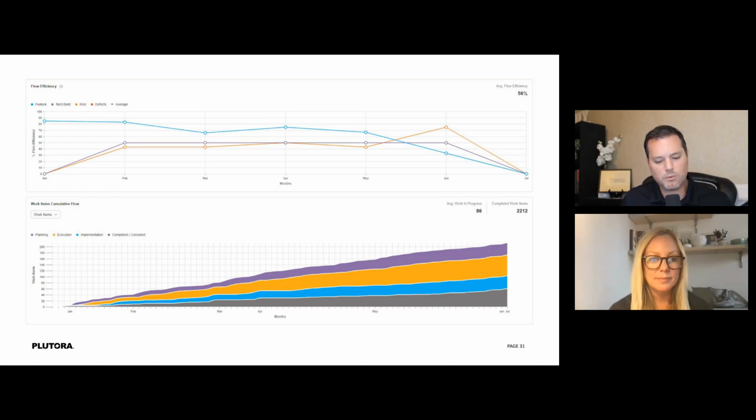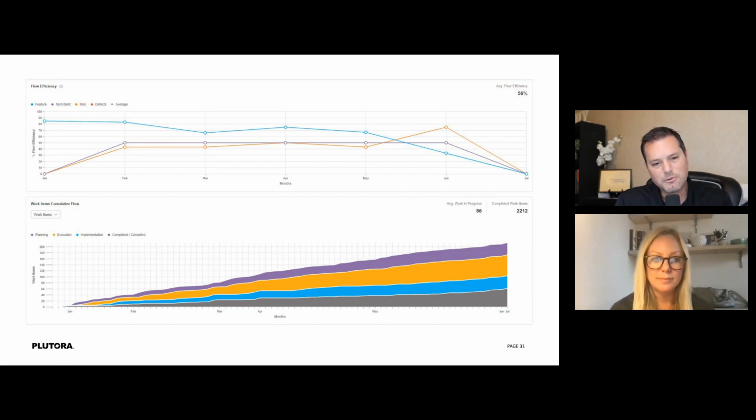So many people say, well, when's the right time to implement value stream management? Now. Why? Because you might make improvements, but you'll never be able to prove it to anybody. You'll never be able to say, look, we went from X percentage to Y percentage. One of our customers had a 25% increase in throughput of stories just because they were able to improve the efficiency.